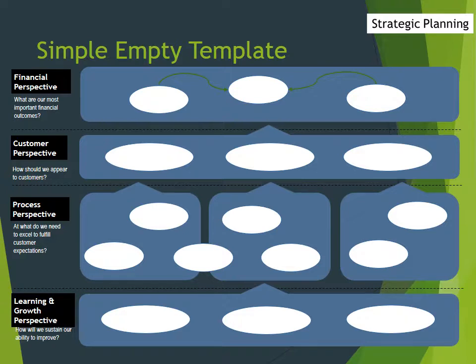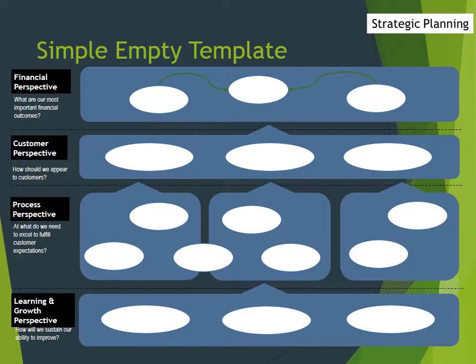So what I'm going to ask you to do is take an empty template like this, and for the company that we've been working with, I'm not going to mention it here because I might change it next semester, I want to identify from the financial perspective what's our most important financial outcomes. What must this company do to survive? Now, from the customer perspective, what should we appear like to our customers? What do our customers want to look at us and see?